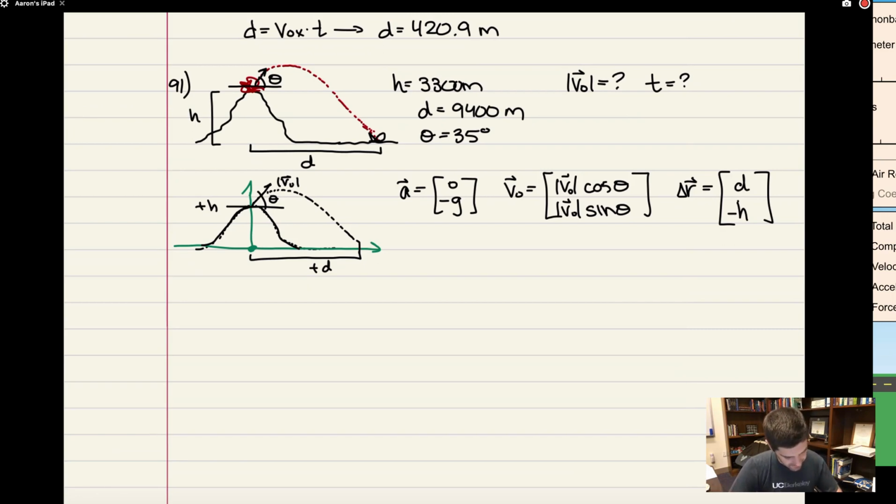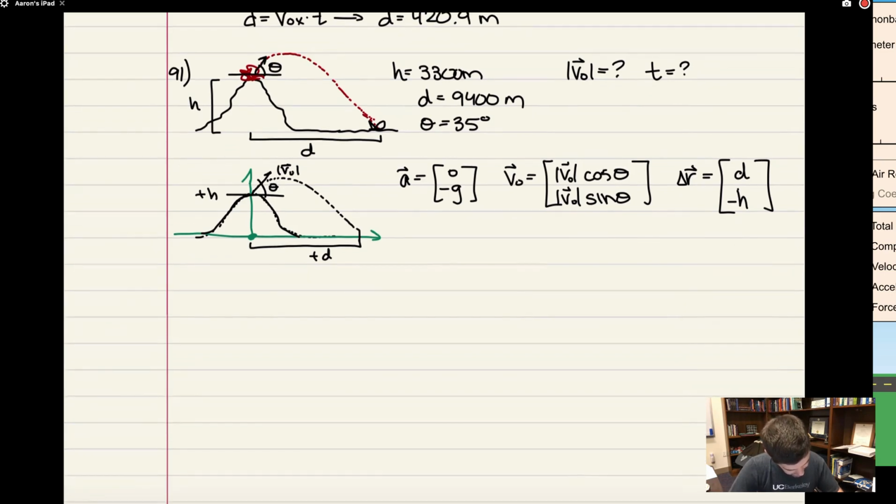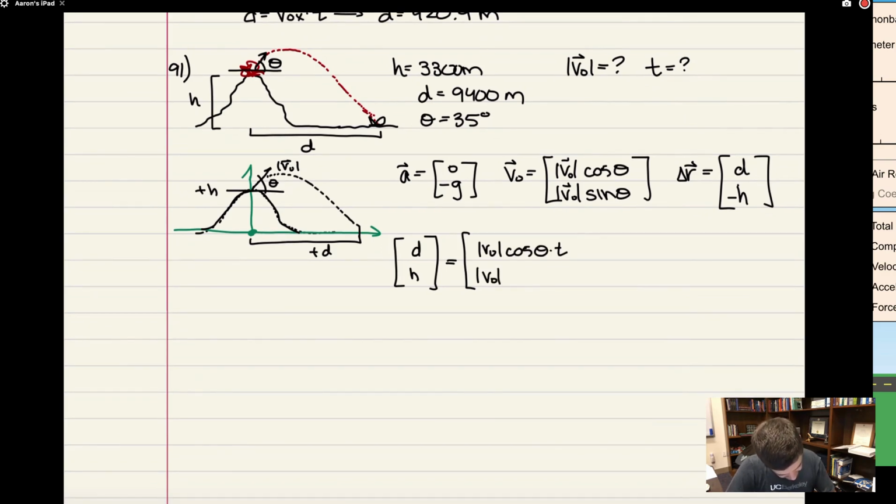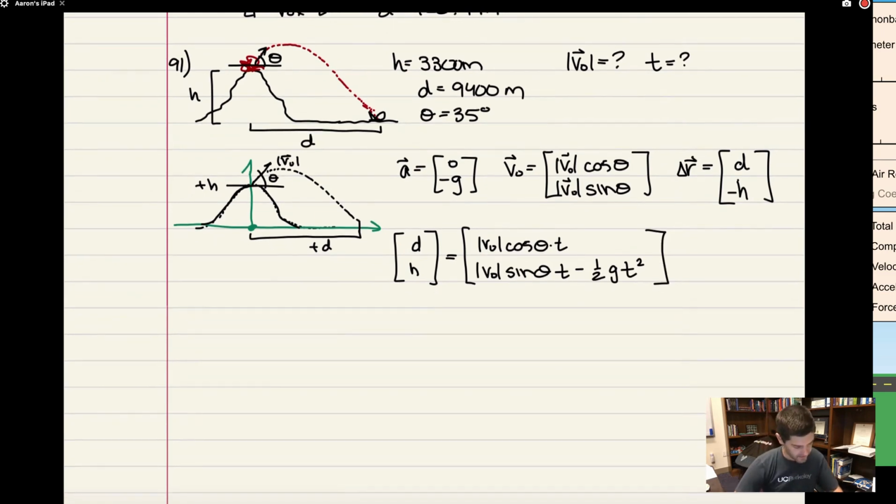Acceleration is constant. Kinematic equations apply. I could write this as d and negative h equals, my horizontal velocity is maintained throughout, but my vertical velocity does change because there is an acceleration.